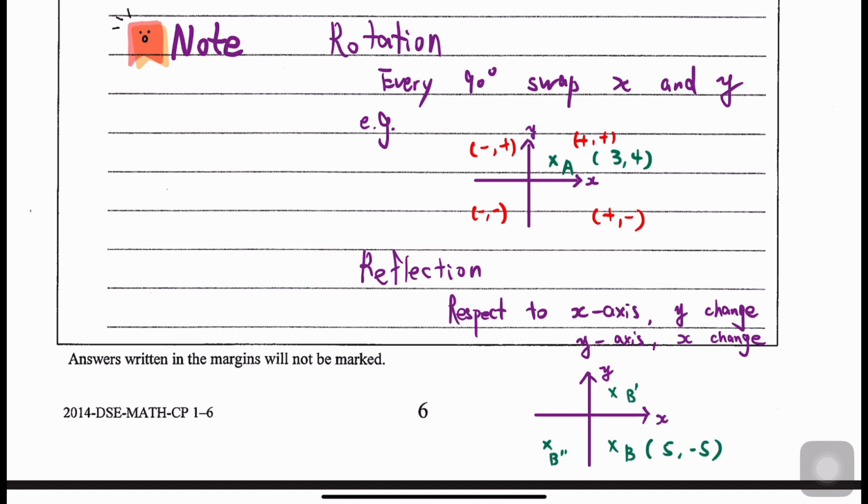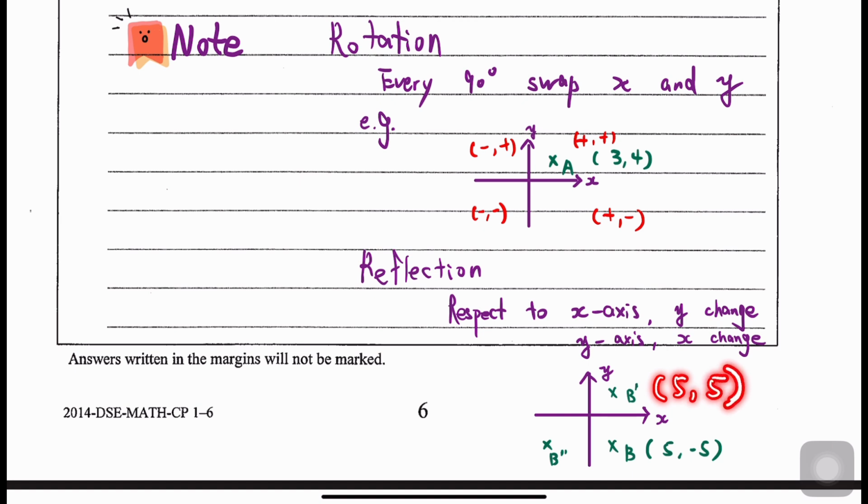For reflection, you need to see whether it's with respect to the x-axis or the y-axis. If it's with respect to the x-axis, only y will change. If it's with respect to the y-axis, only x will change. Let's take B as an example, 5 and negative 5. When it reflects with respect to the x-axis, it's basically a mirror, right? You just jump this one and it becomes 5, 5 because only y changes.